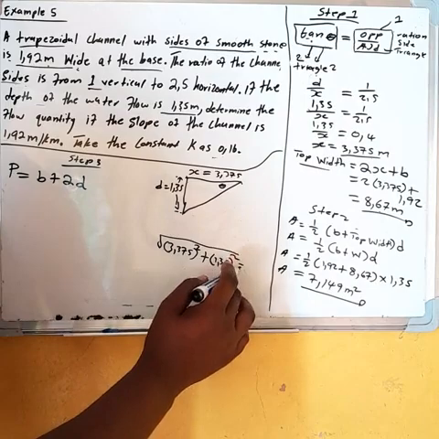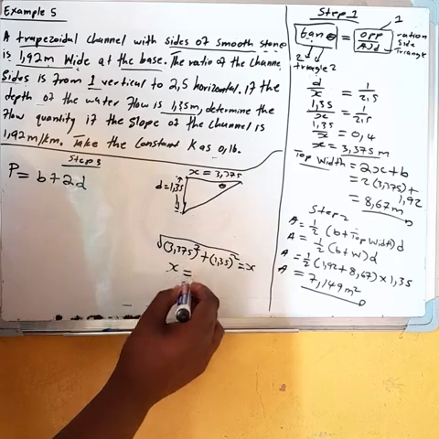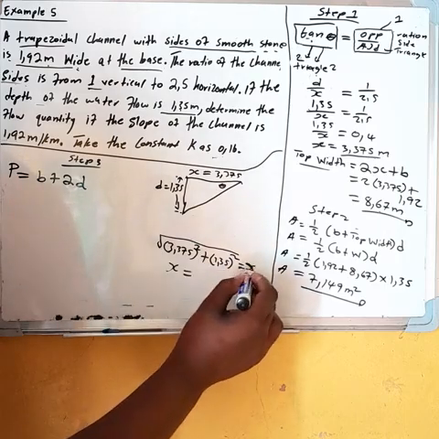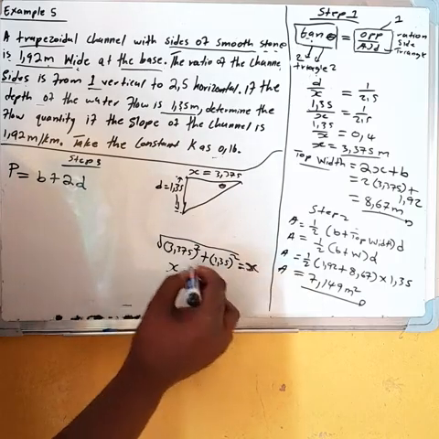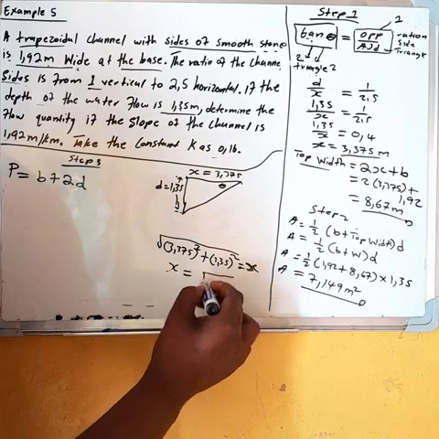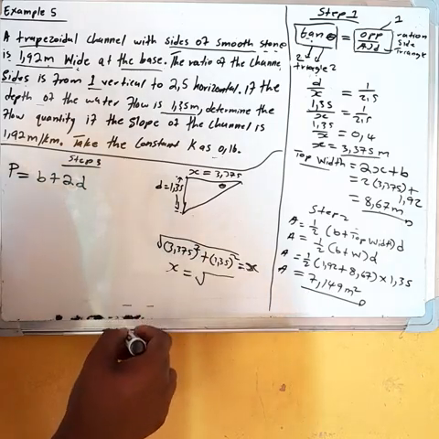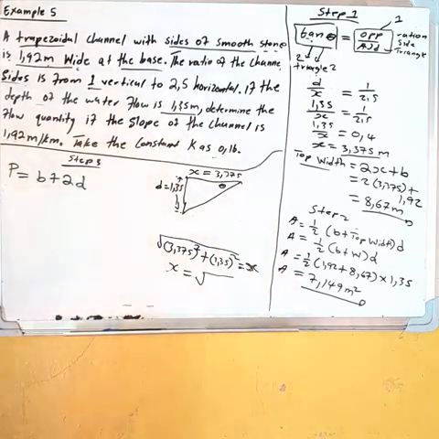Let me just say x, then our x is the square root of all of these things on the side there. What is that square root?